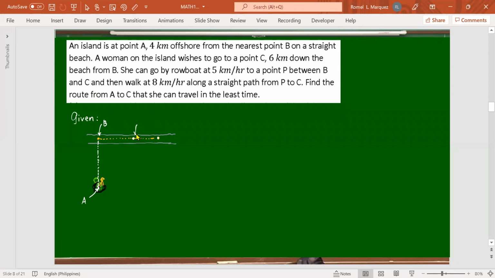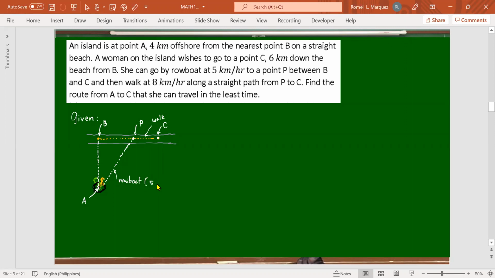That is point P, and this is point C. So the woman, going from A to P, is going to row a boat. But from P going to C, she's going to walk. So here, walk. Here, rowboat.